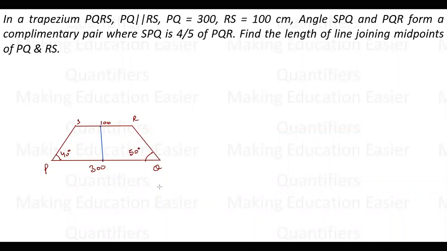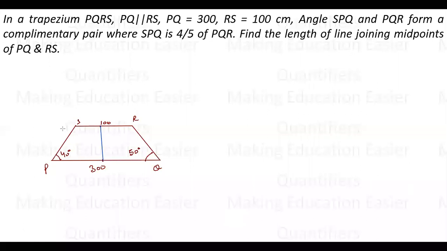Now, 40 and 50, 90 degrees is the total. So we have 90 in total. Now here I cannot do anything straightforwardly, right? No relation is given to me, only two angles are given, strange. So what do we always do in a trapezium in order to apply similarity or anything else?